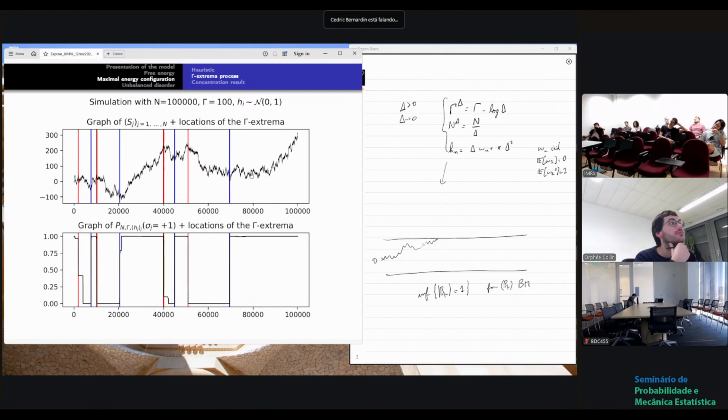You have some SDE which is living between 0 and 1, and in the large noise limit, it's converging to some Markov jump process between 0 and 1. But you have also some kind of spikes which appear, like in your previous picture when gamma is a bit smaller. It seems to be a bit similar.